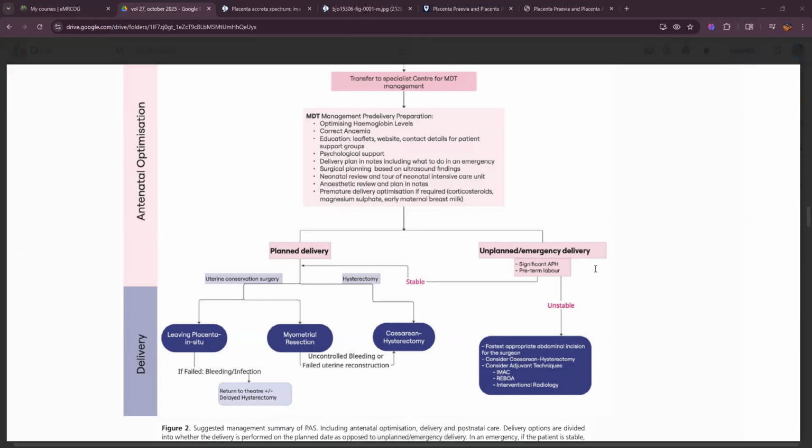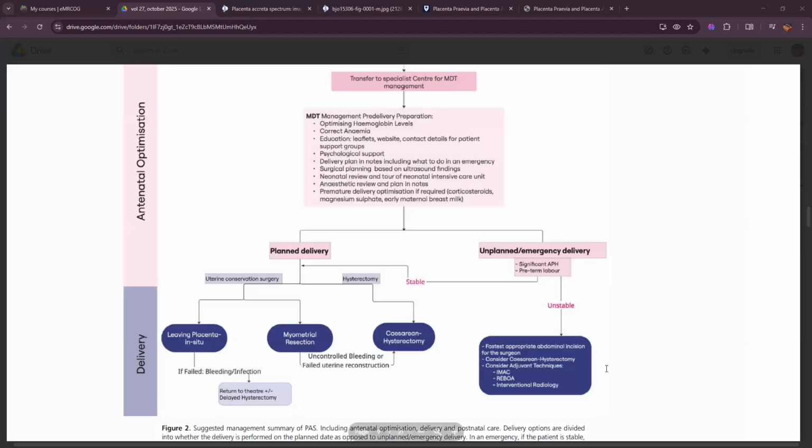If it's an emergency cesarean section, it is going to depend mainly on whether this baby is preterm or not, and whether there is significant hemorrhage or not. Whenever the patient is unstable, we are going to work in her best interest. But if she can consent, we are going to follow her wishes.